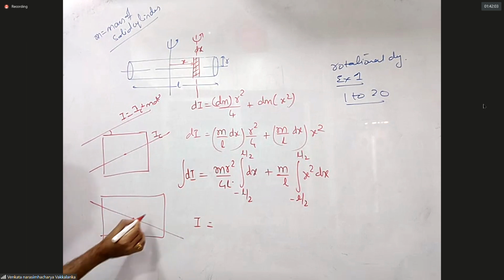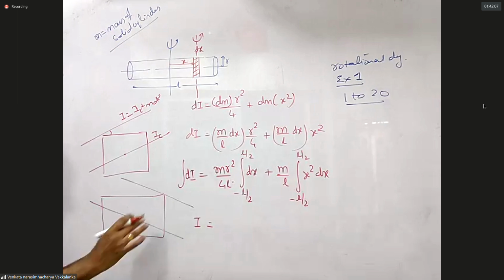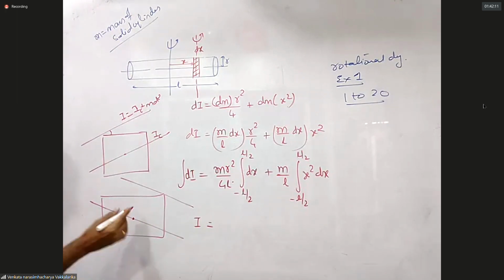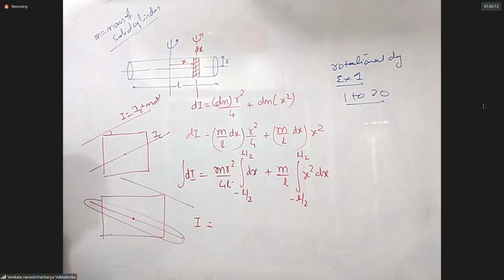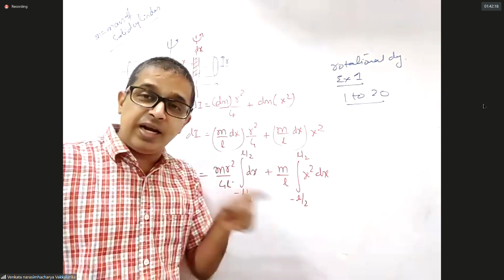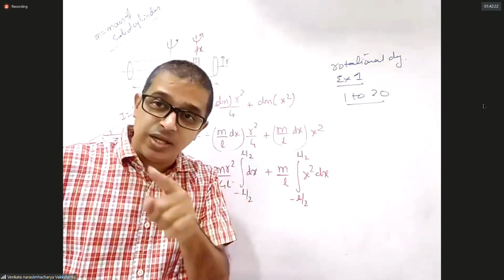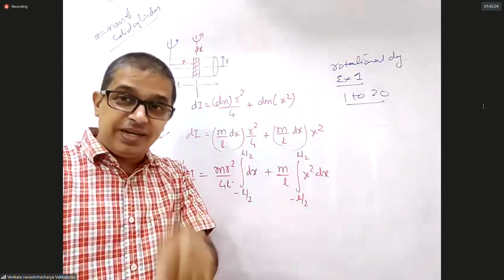If you know the moment of inertia for this, I have no problem. The problem is I don't know the moment of inertia for this. Even now, after calculating the triangle, I know it only about the diagonal.